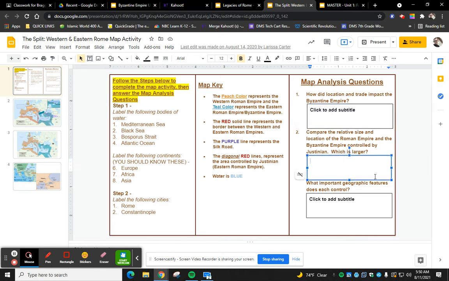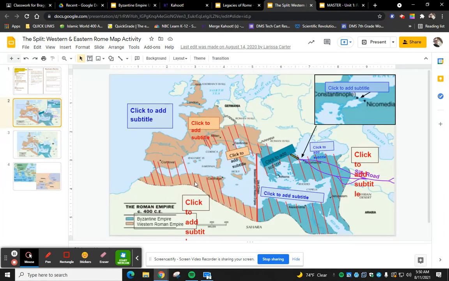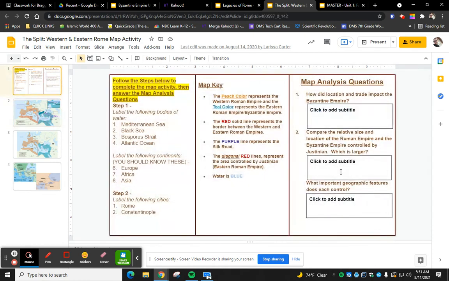Number 2, compare the relative size and location of both the Roman Empire and the Byzantine Empire controlled by Justinian. Remember, controlled by Justinian means diagonal lines. So are we thinking Roman Empire as a whole or Justinian's area? Which is larger, the whole of the Roman Empire or the area that's controlled by Justinian?